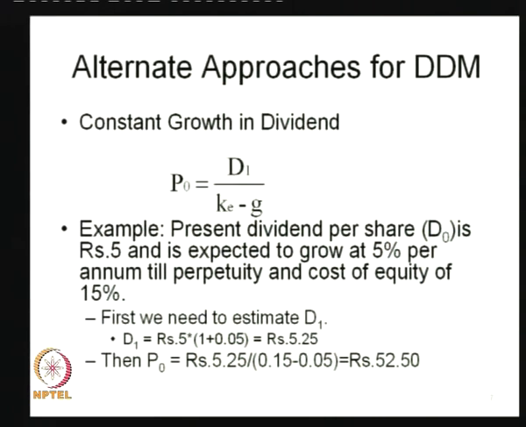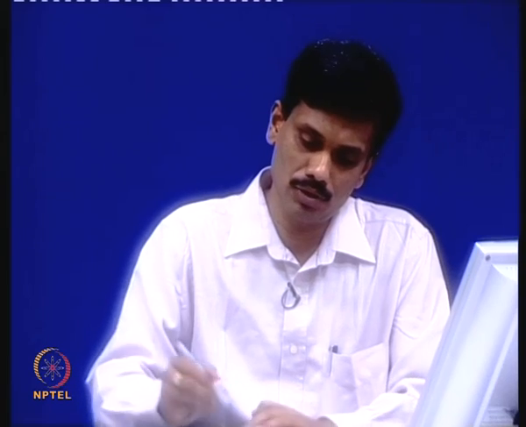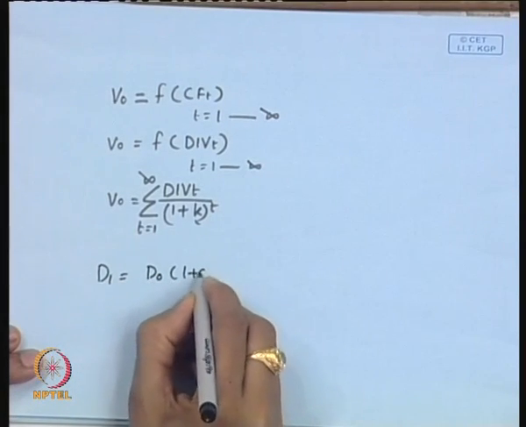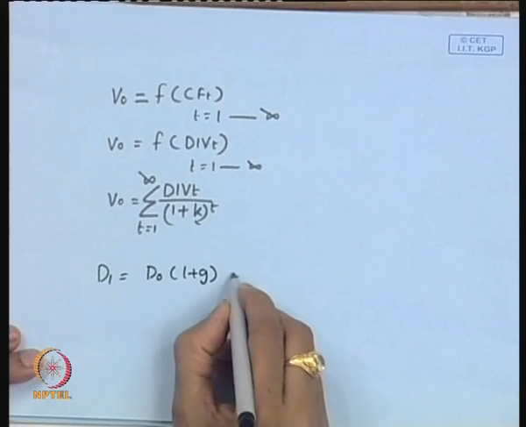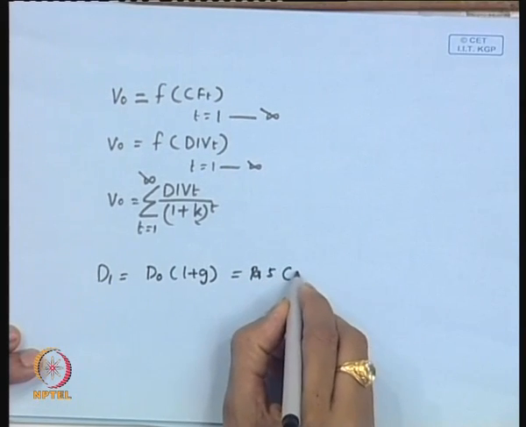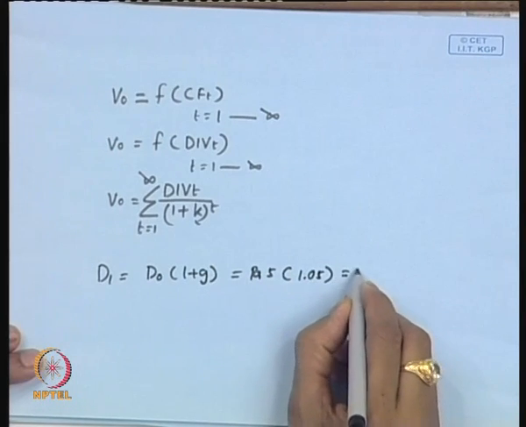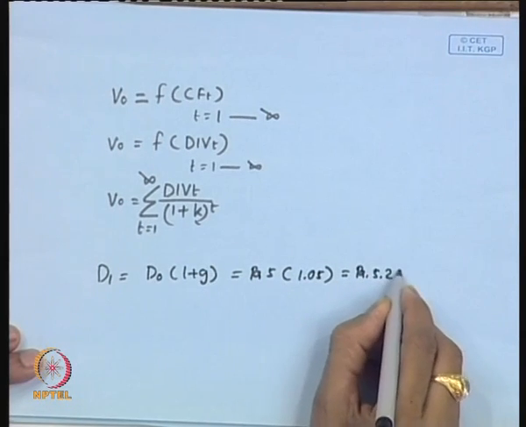In that case, one has to find out D1, the dividend 1, which is nothing but dividend 0 into 1 plus G. So, in this case we have rupees 5 into 1.05, the 5% growth rate. That comes to rupees 5.25.